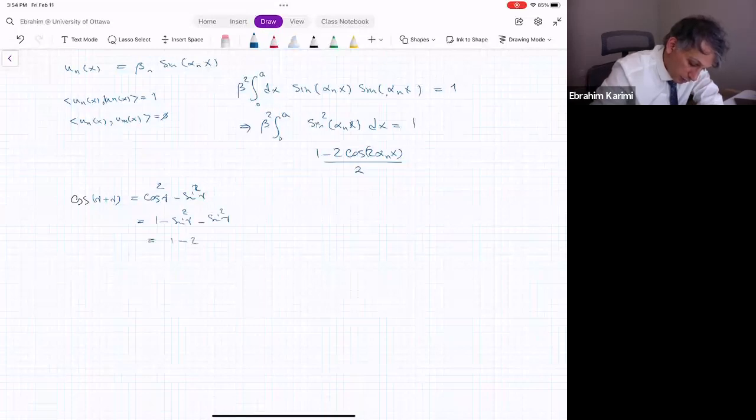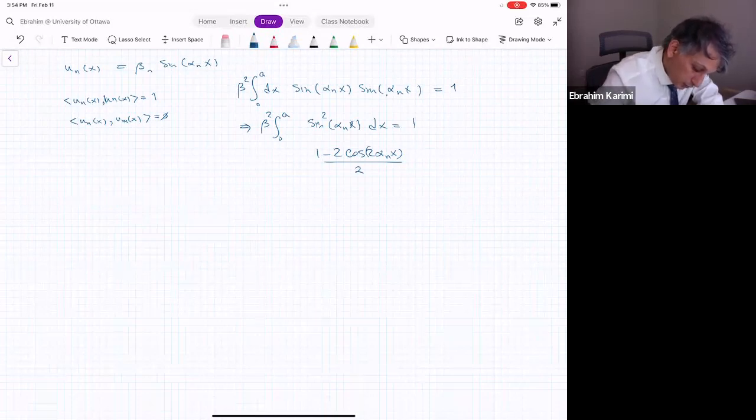That means sine gamma square is equal to 1 minus cosine of 2 gamma divided by 2. That's correct, what we have written here is totally correct.